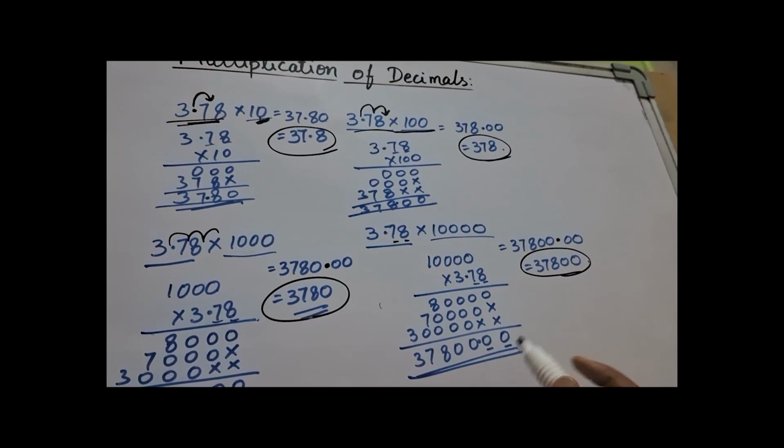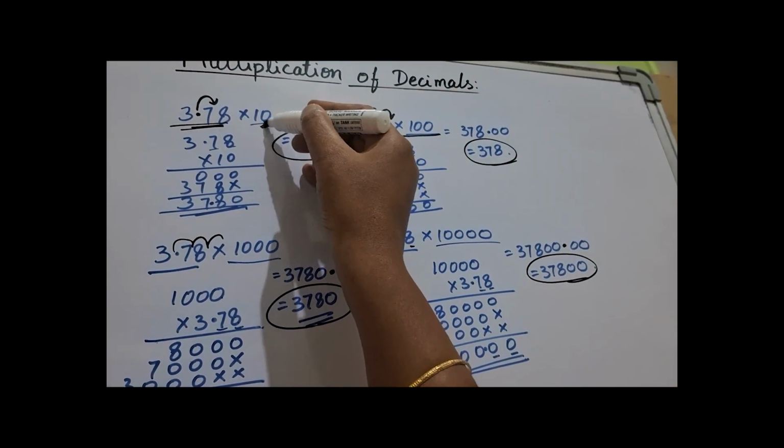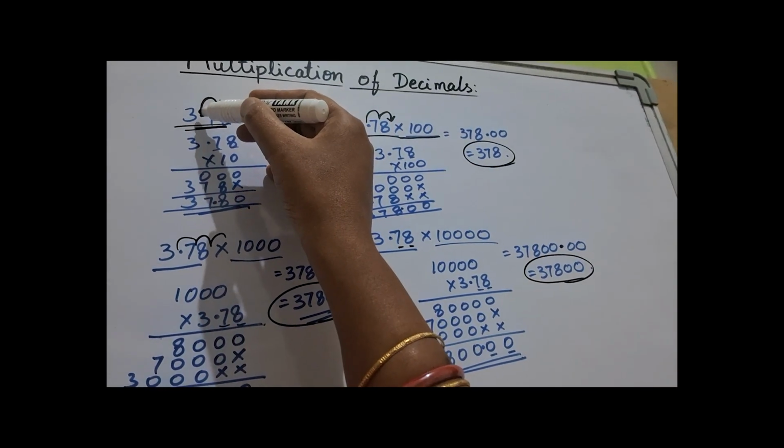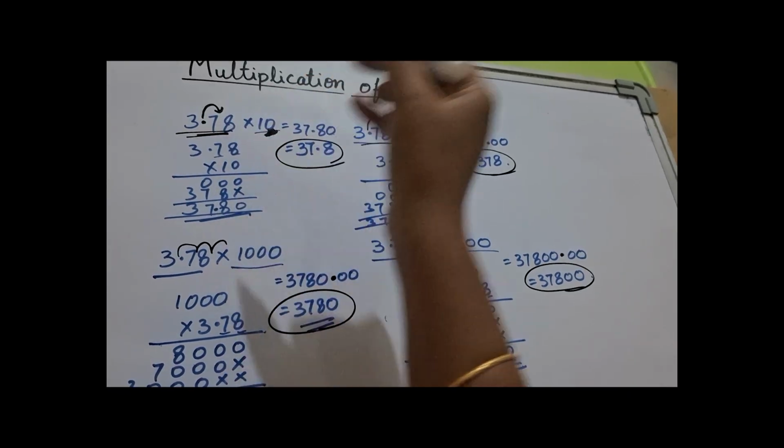Children, how many zeros are there in the multiplier? In 10 only 1 zero. That's why the decimal point has moved 1 digit forward in the right side.